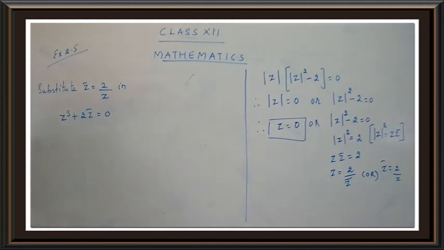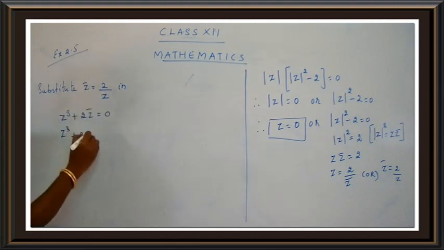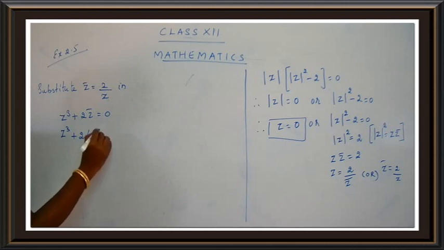So we had this part in the question, z cube plus 2z bar is equal to 0, yes children. So you are going to substitute the value for z bar. So what is this value for z bar? 2 upon z. So this is z cube, you keep as it is, plus 2 into, what is z bar? 2 upon z. This is equal to 0.